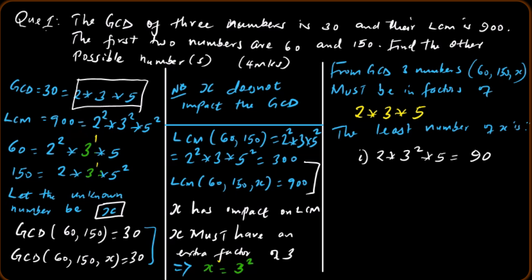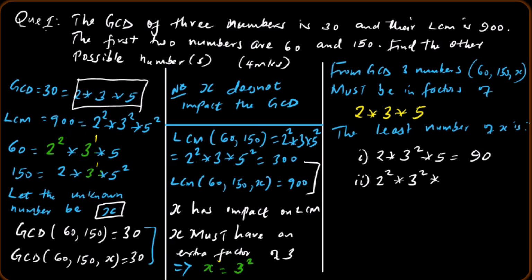Now another factor here can be having 2 at its highest. So we can have, remember here at 60, the 60 equals 2 power 2 times 3 power 1 times 5 here. 2 was at highest power. Therefore, you can still have it here, which is 2 power 2 times 3 power 2. 3 should always have a power of 2.